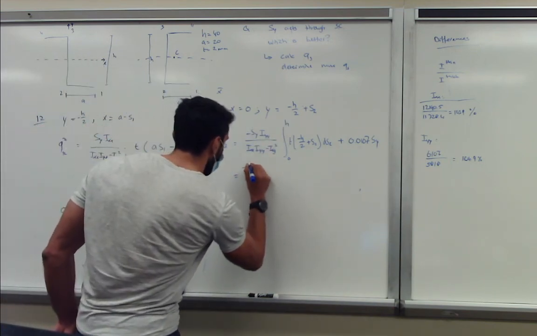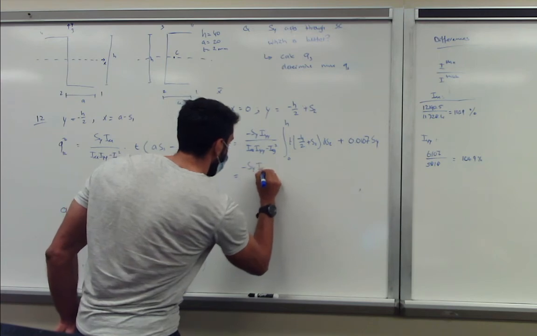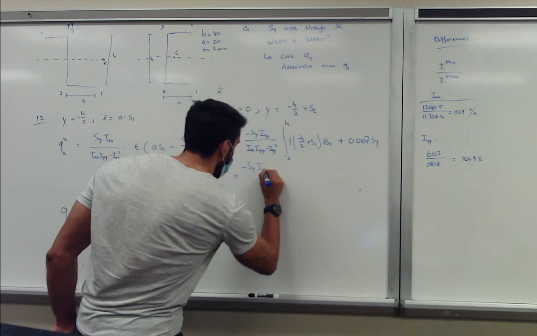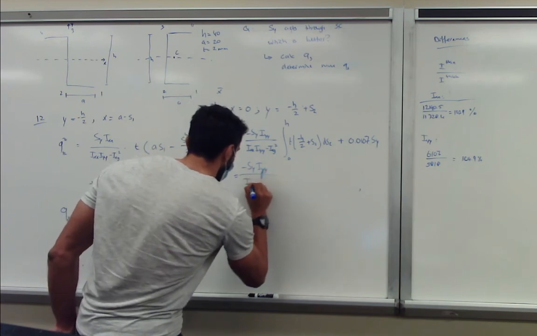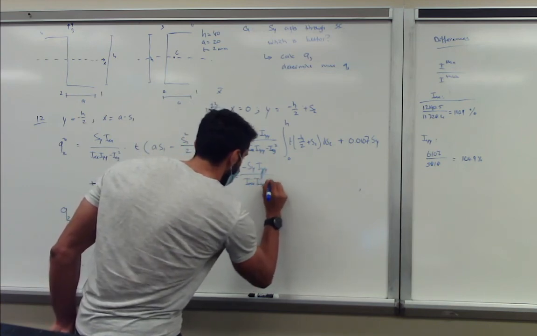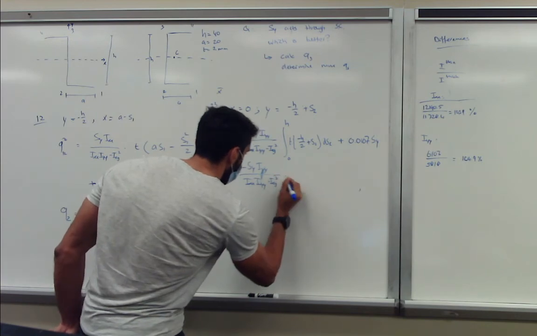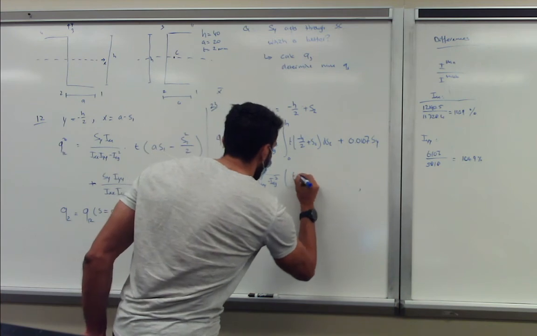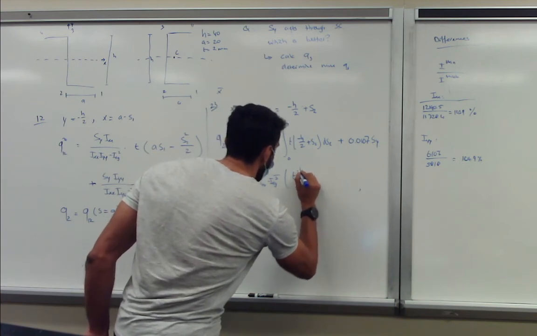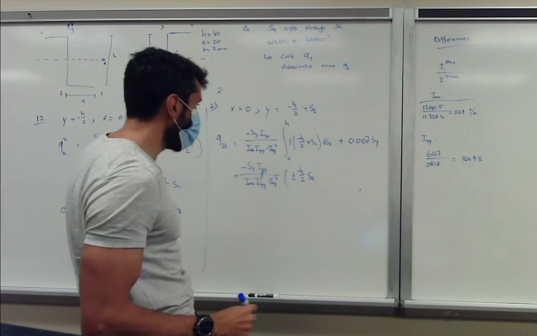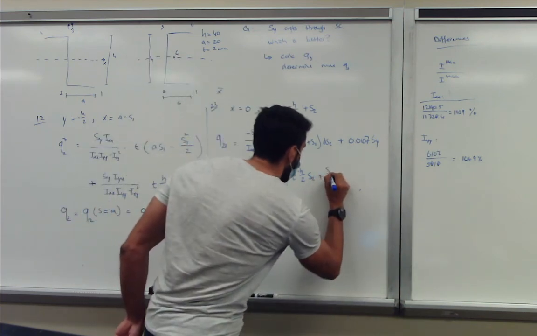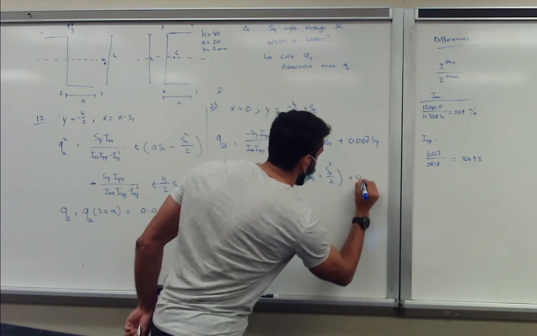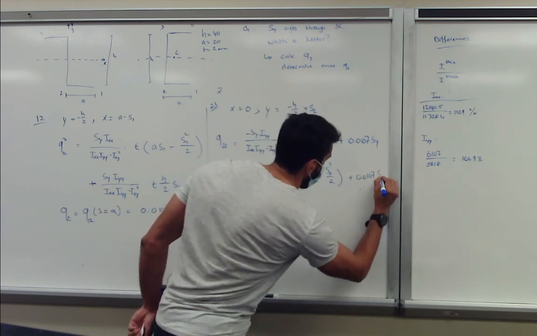So you get minus Sy over Ixx Iyy minus Ixy squared, and this becomes, of course, t times minus h over 2 multiplied by s2 plus s2 squared over 2, plus 0.0107 Sy.